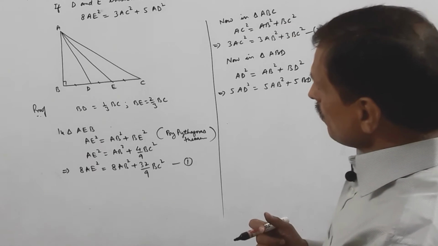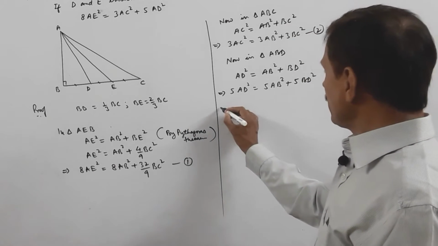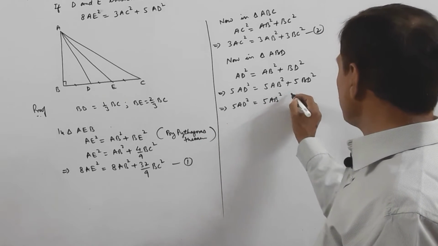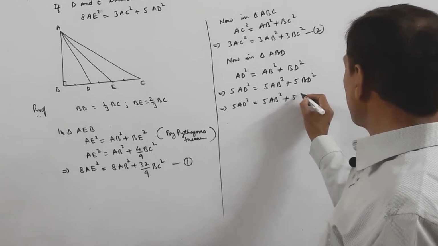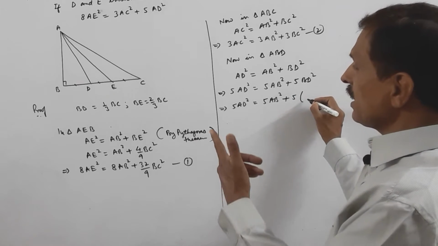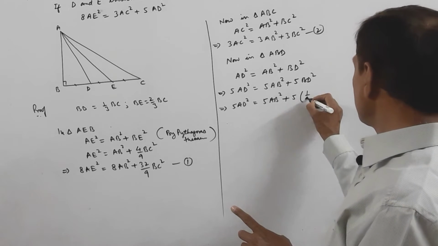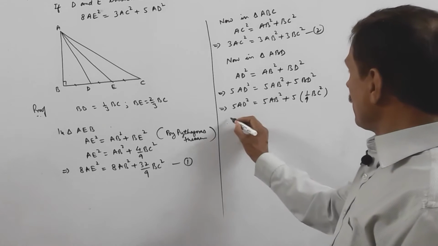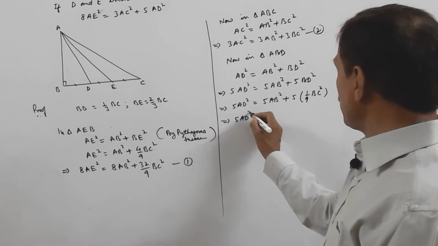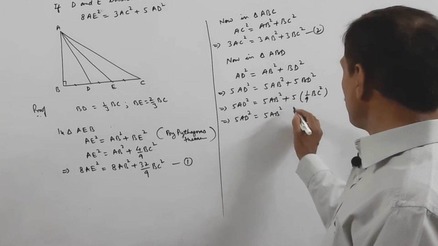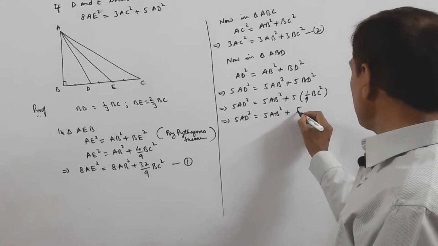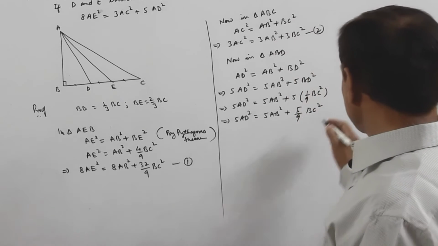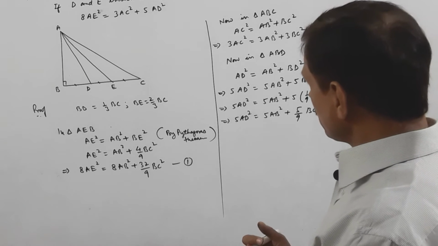But BD is equal to 1/3 of BC, it implies 5 AD square is equal to 5 AB square plus 5 times 1/3 BC square, it means 1/9 BC square, implies 5 AD square is equal to 5 AB square plus 5/9 BC square. This is result 3.